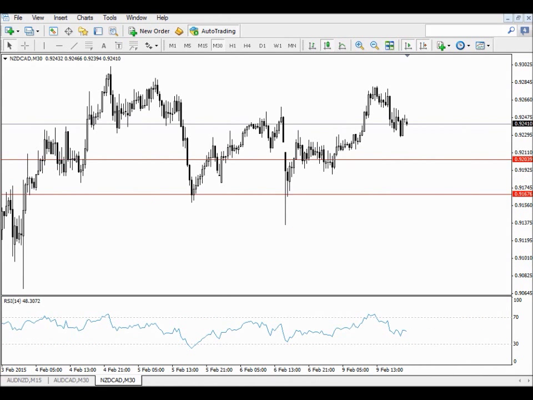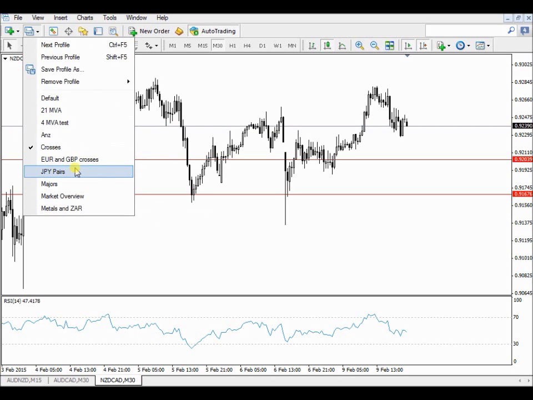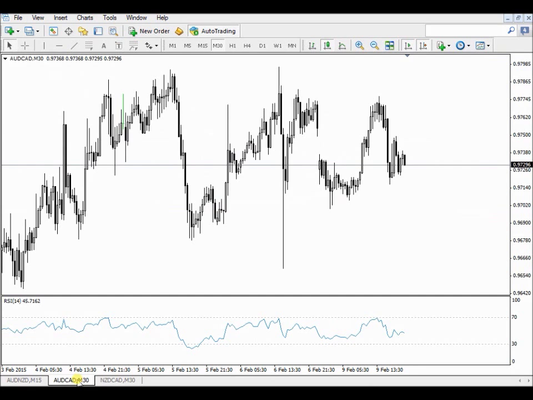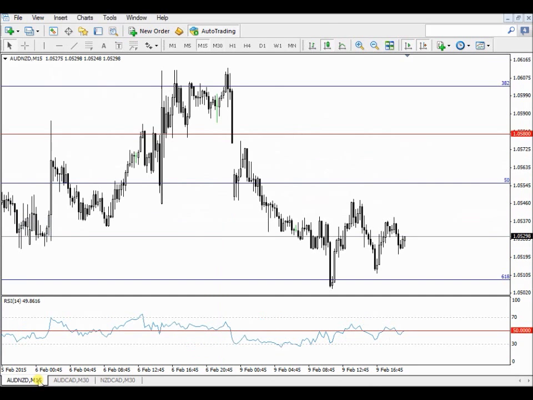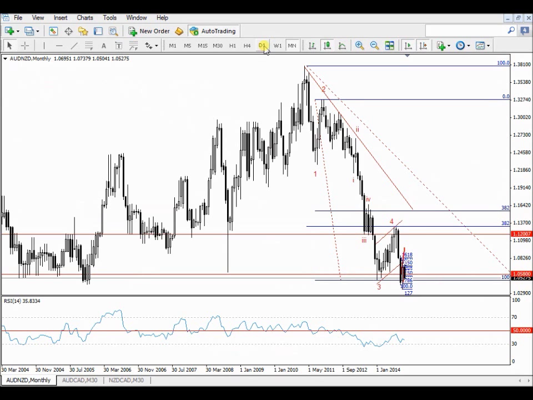Okay, let me draw it in. That will be much easier. It will be actually more difficult. I'm going to go through quickly and see if I get candle formations. Morning star, evening star, pin bar.